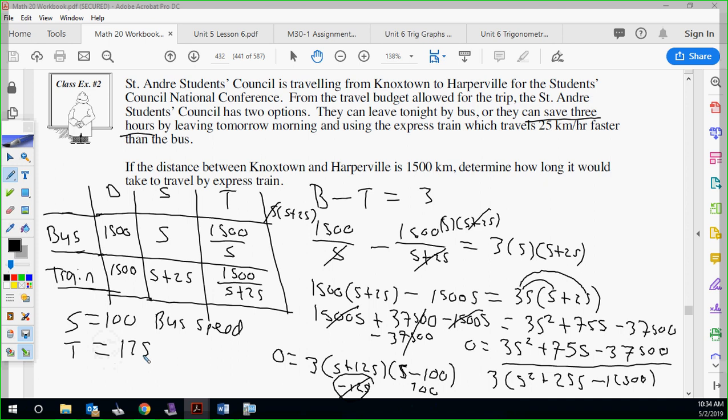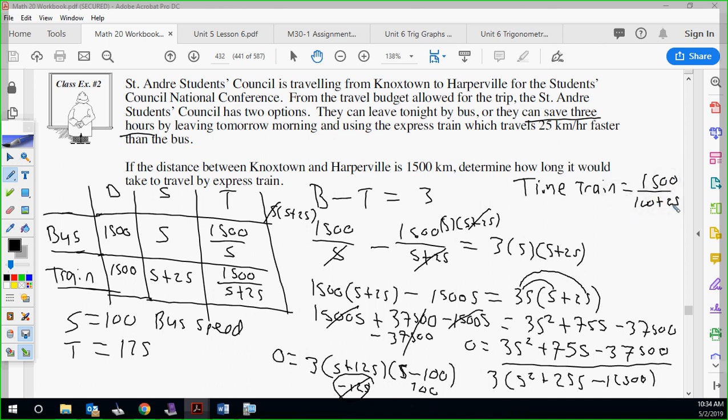The question says, how long will it take to travel by express train? So we know the train is 125 speed. We're trying to figure out how long it takes the train to get there. How do we do that? We're simply doing this equation. The time for the train will be 1,500 divided by 100 plus 25.